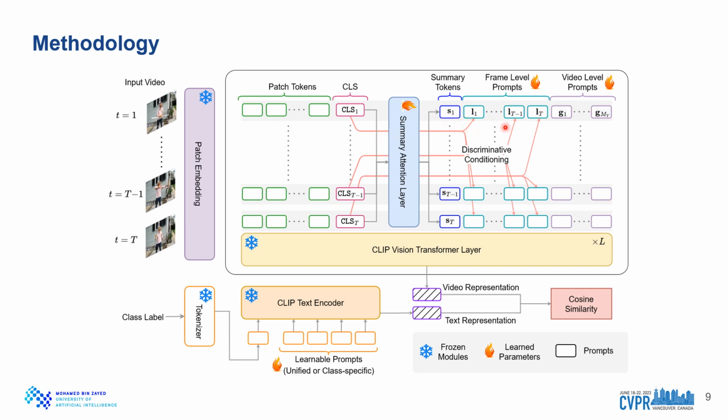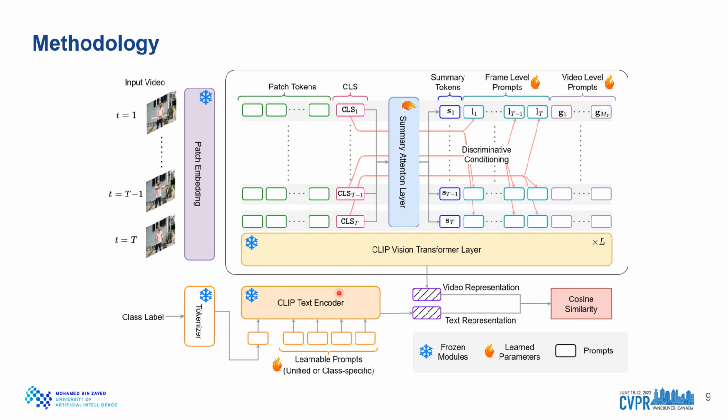Then, for the frame-level prompts, we introduce learnable tokens and then condition them on the CLS token for each frame. So the first frame-level prompt is conditioned on the first CLS for all the frames. Then the second prompt is conditioned on the second CLS for all the frames, and so forth. So the frame-level prompts are conditioned on the CLS tokens of all the frames. And then we have unconditioned learnable global prompts.